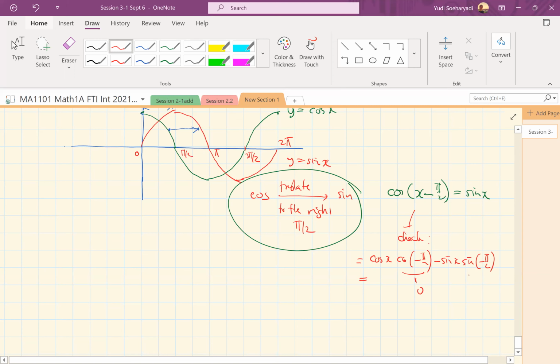Cosine of pi over 2 is 0, and sine of negative pi over 2 is negative 1. So you get sine x.